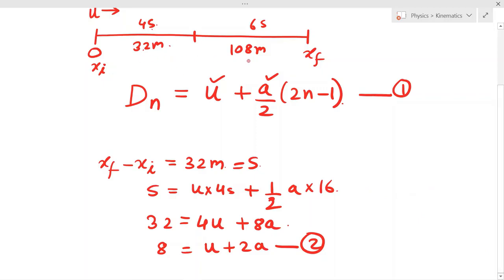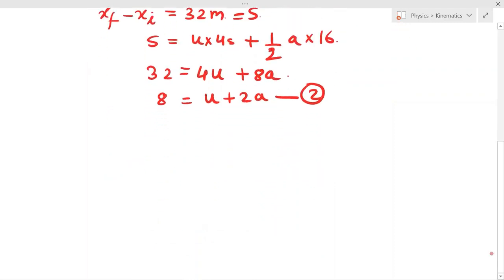Now the distance covered will be how much? 108 plus 32 will be 140. That is now xf is equal to 140 and xi is equal to 0.